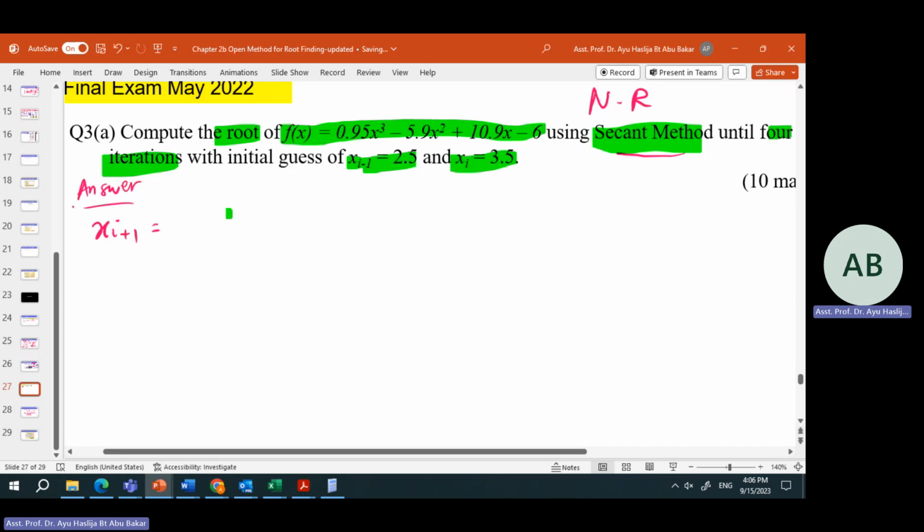This question doesn't ask you to find the EA, right? There's no statement for you to calculate the EA, so you can leave it out. Just do until 4 iterations.